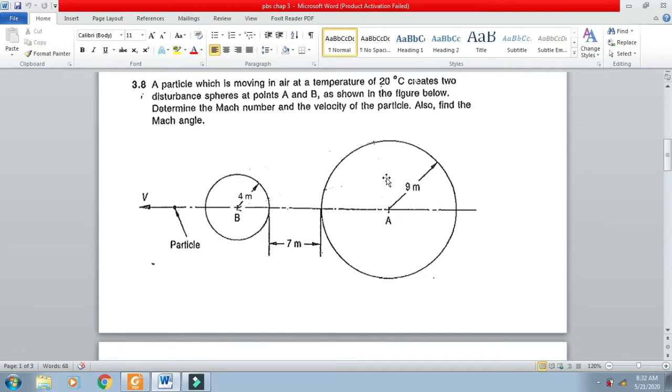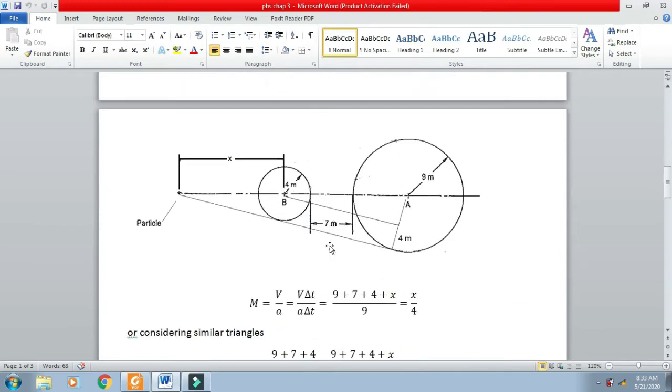We have to find the Mach number, the velocity of the particle, and then the Mach angle, since the problem is of supersonic flow, as it appears from the shape of the wave fronts. The Mach angle, which is the half angle of the cone, also has to be determined.